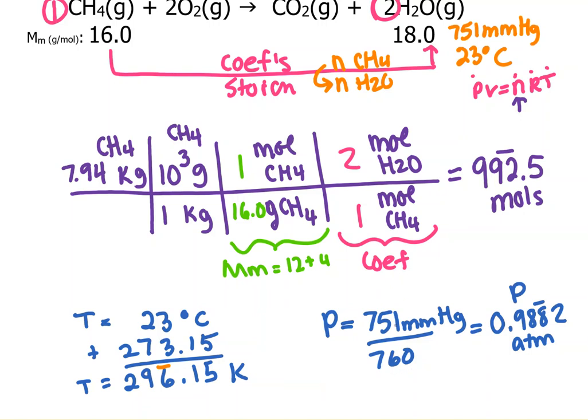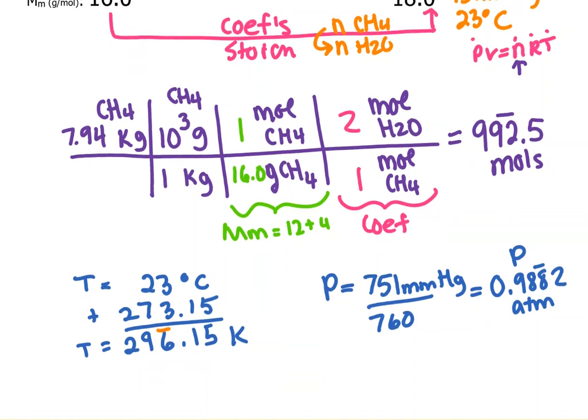So your sig figs come from the millimeters of mercury. Okay, and then am I ready to plug in? I have pressure, temperature, R, moles.